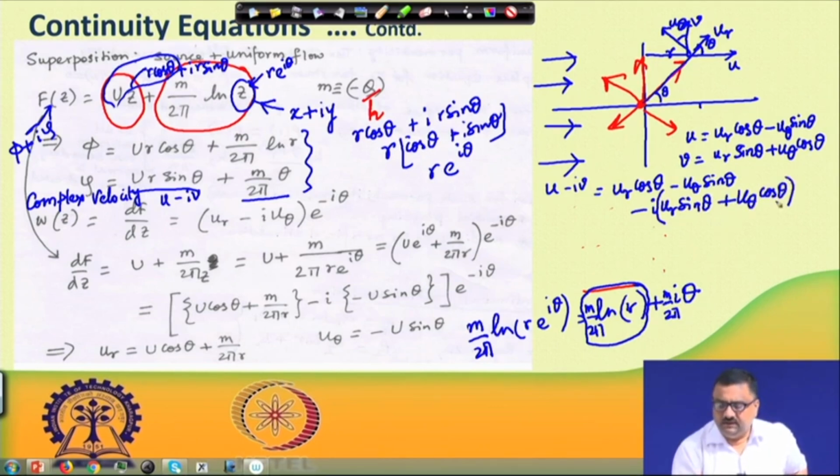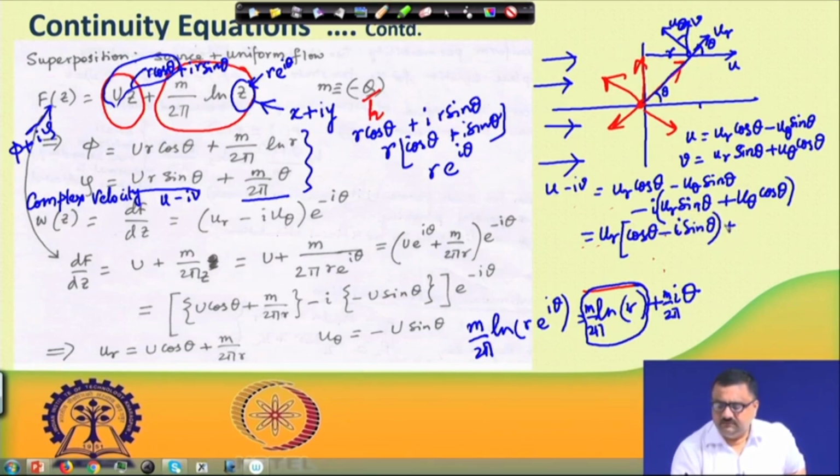What we did at that time is we took all the u r terms together. So, it became cos theta minus I sin theta, and then the u theta terms together.